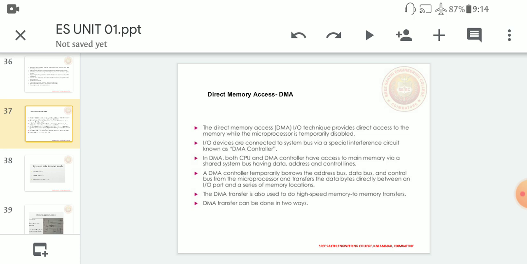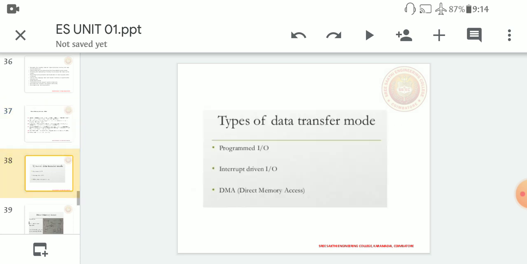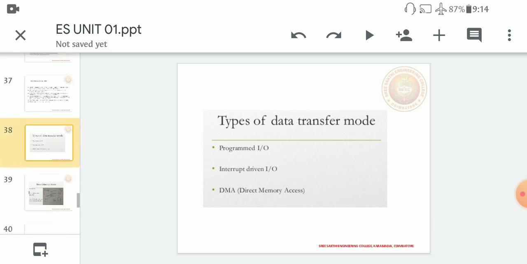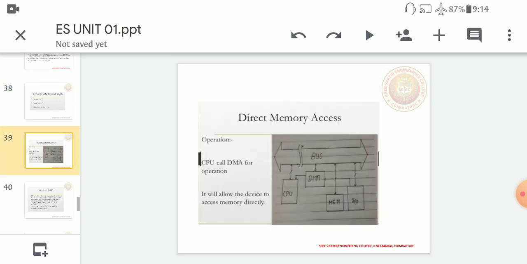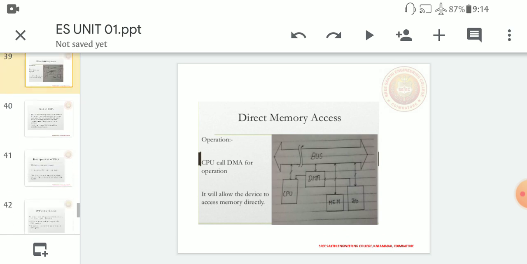So here the memory is shared and accessed directly. There are three types of data transfer: programmed input output, interrupt driven input output, and the third one is direct memory access. For direct memory access, the CPU calls the DMA for operation, and it allows the device to access the memory directly. It is illustrated in the diagram here.